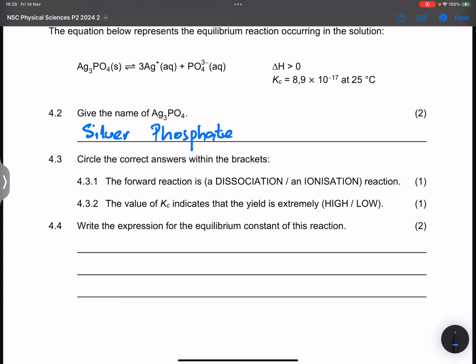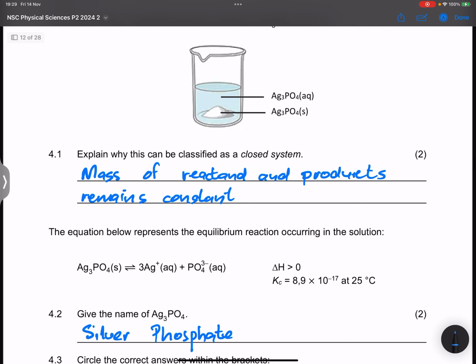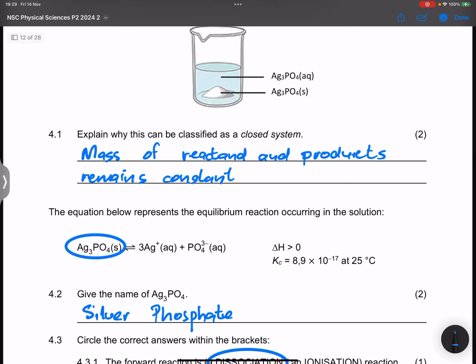The forward reaction is a dissociation reaction. What we are simply doing there is taking a whole compound and breaking it down into different ions. So this would be a dissociation reaction.